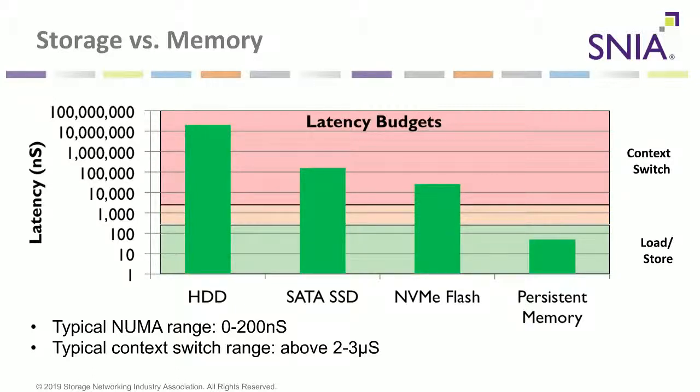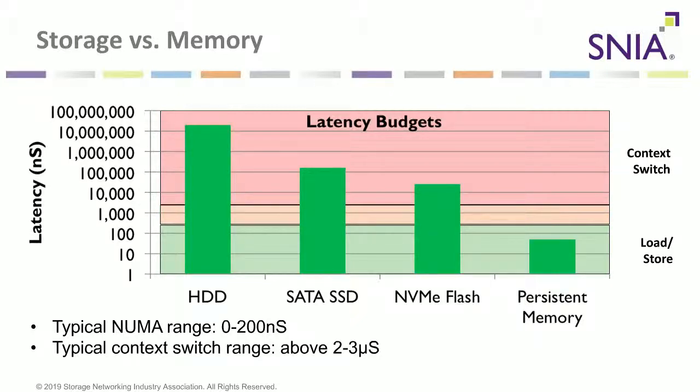Now you will be making changes in the OS and your application layers, because you essentially have DRAM-speed memory, but it is persistent, so you don't have to rebuild something when there is a power loss and the system comes back up. It is already available in the memory. So those are some of the architectural changes that have to go around. I'm going to talk more about that in the following slides.